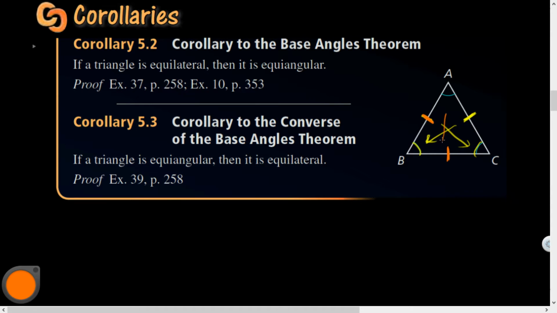And then by base angles theorem, these two angles are congruent. And then by transitivity, I can show that all three angles are congruent to each other. Yeah, equiangular. It's a corollary because it's a short step from the base angles theorem, as I described there.